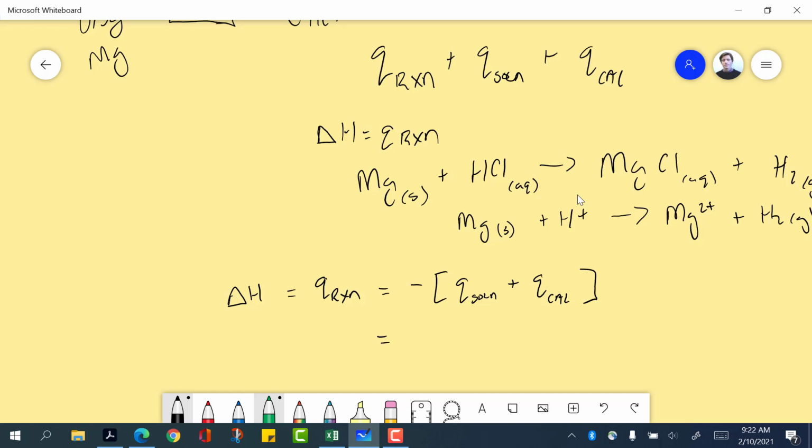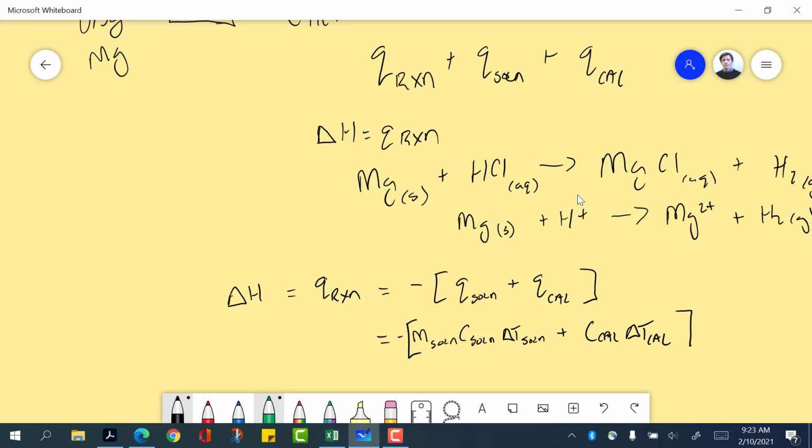And if we did that, plugging in what we know, that's the mass of the solution times the specific heat of the solution times change in temperature of the solution plus the heat capacity of the calorimeter, not the specific heat because we don't weigh the calorimeter, times change in temperature of the calorimeter.